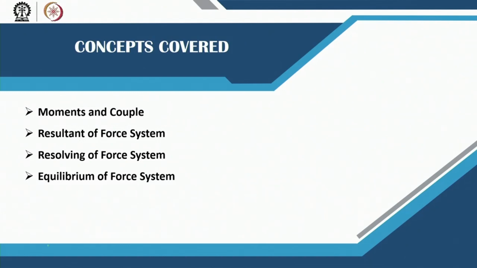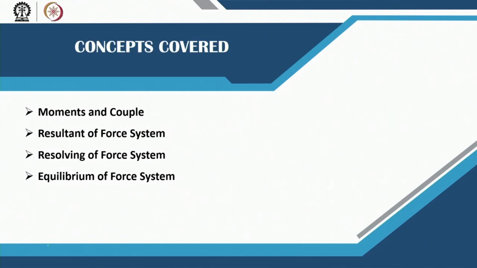These three, resultant, resolving and the equilibrium of the force system, are very important from the statics point of view, and most of the time in our building, in our architecture, in our structural engineering, we will work with this system of forces, and sometimes we find the resultant, sometimes the equilibrium conditions.